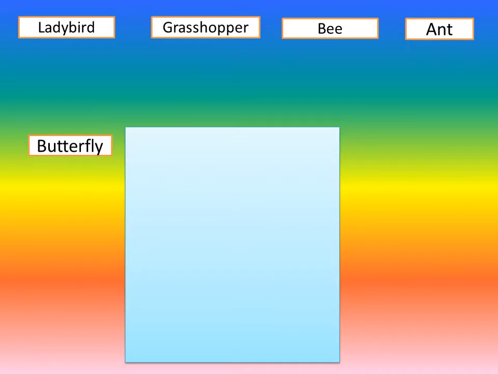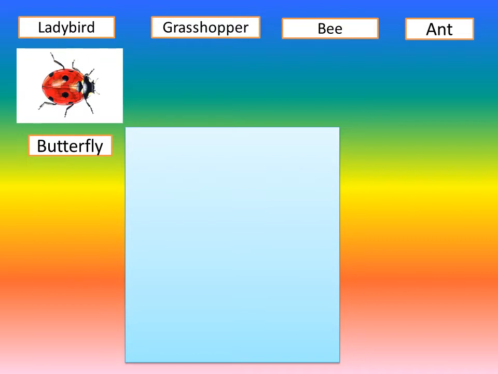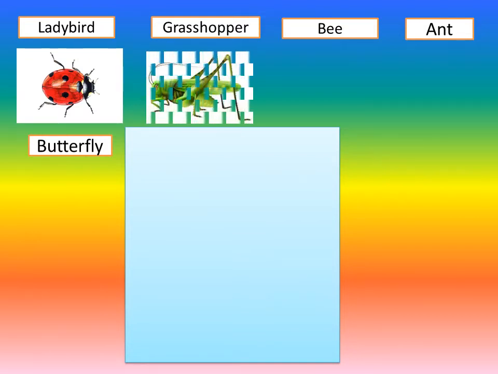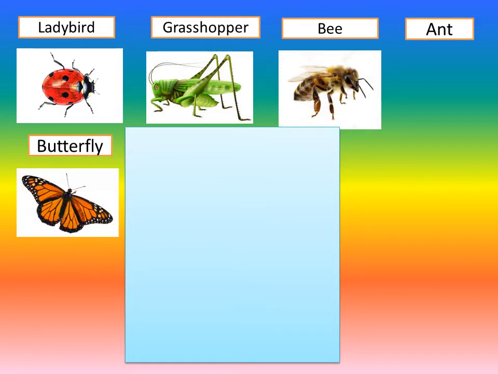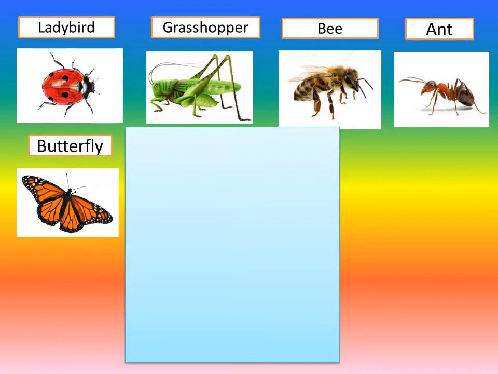To understand more what an identification key is, and how it is used to classify or identify the different animals, you need to look at this. I have here different pictures of different insects. First, we have the ladybird. Second, the grasshopper. Third, bee. We have also butterfly and ant.